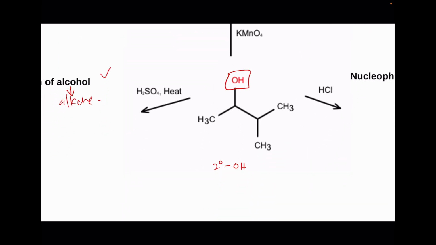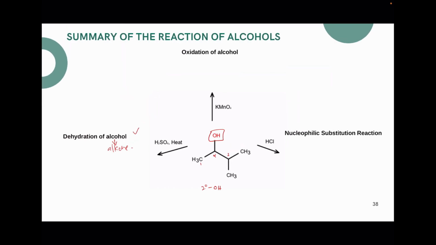For this structure, first of all, we label the carbon that is attached to the OH as the alpha carbon. So it only has 1 and 2 possible products of alkene. The OH will leave the group, and then the alpha carbon will form a C double bond C, either with carbon number 1 or carbon number 2.